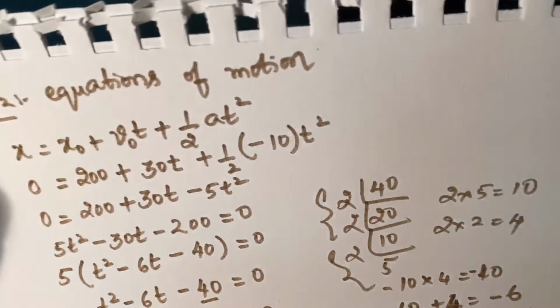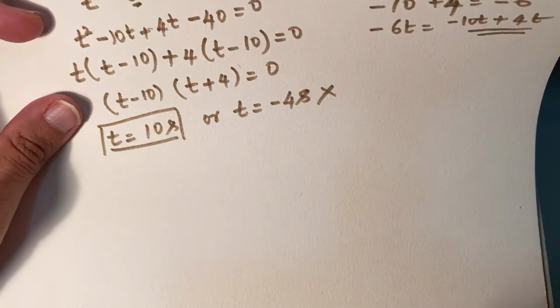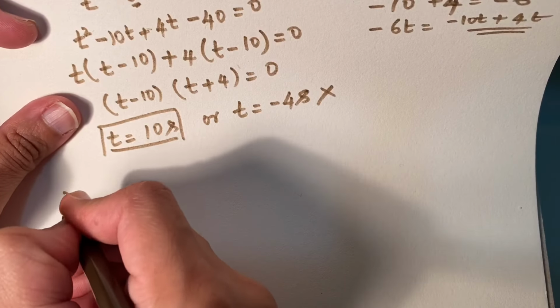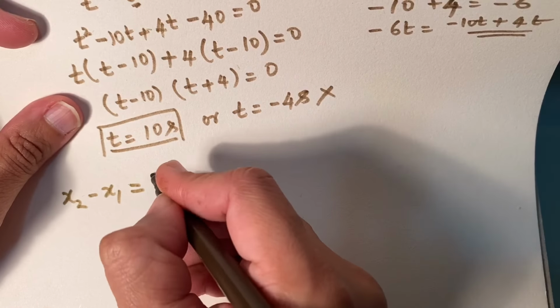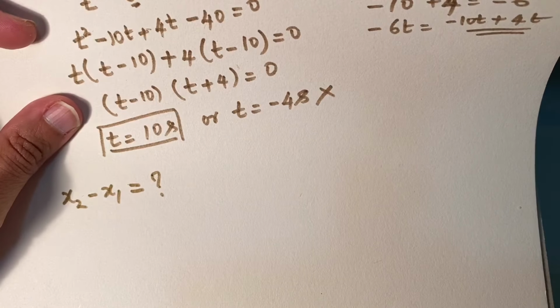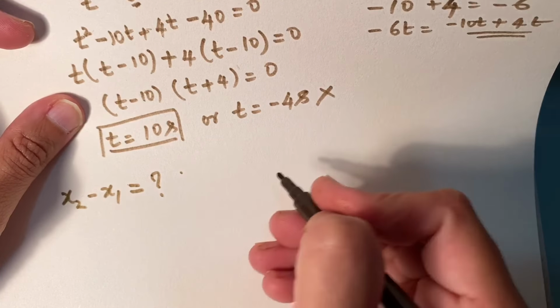In order to verify, I have to do x2 minus x1. So x2 minus x1 is what? You have to find out, right? You have to get this as 120 meters.